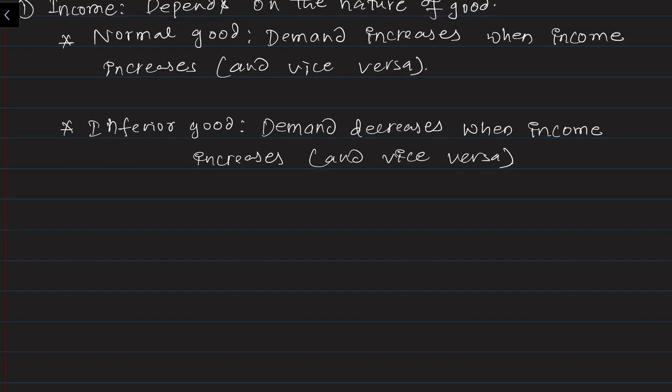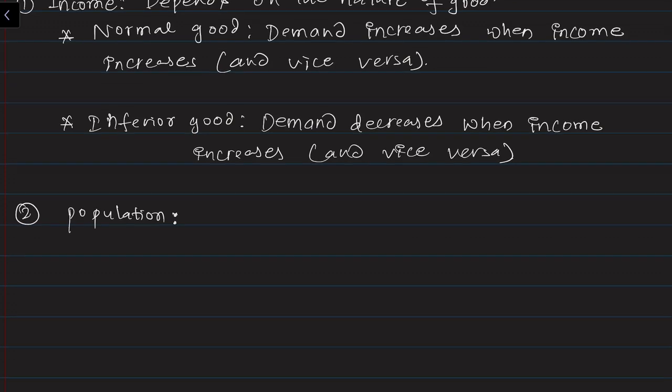Our next factor is population. As the population of an economy changes, the potential buyers of a particular good also change, right? For example, what happens to the demand for diapers if birth rate drops?